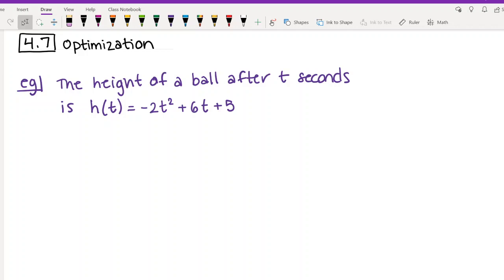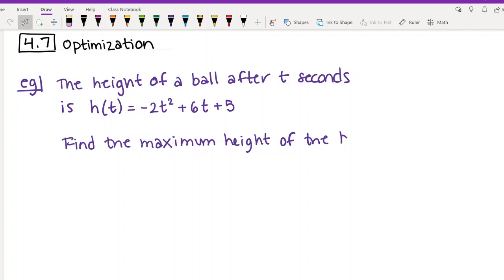So the question that we're going to answer is we're going to find the maximum height of the ball, and then also the time when it reaches that height. Okay.